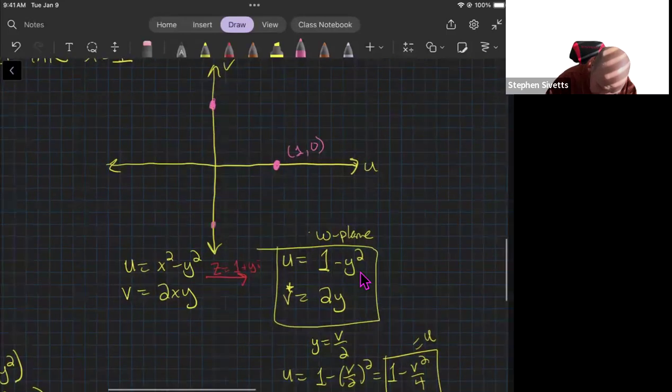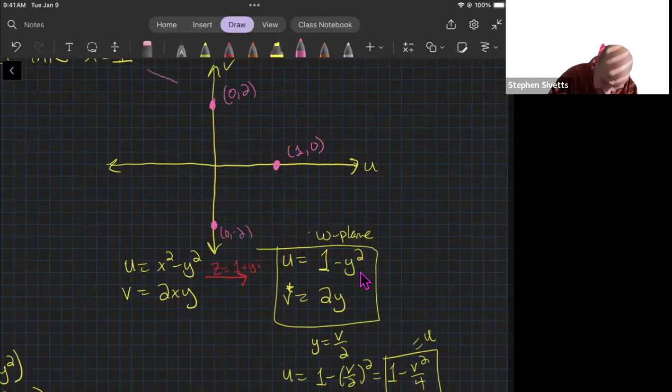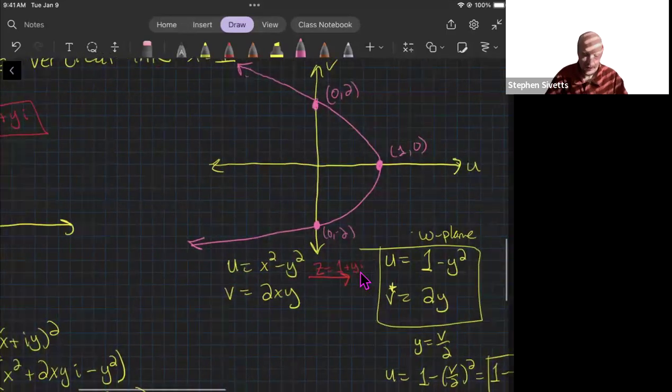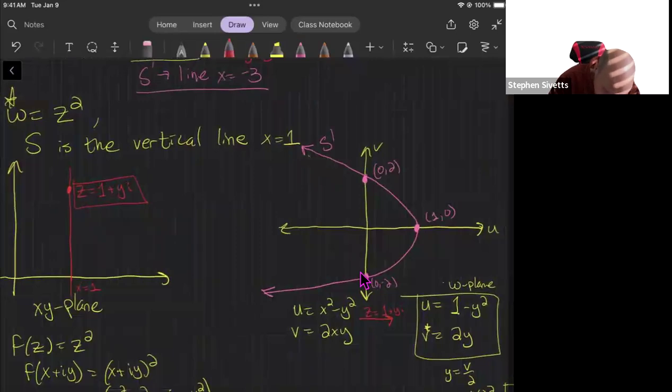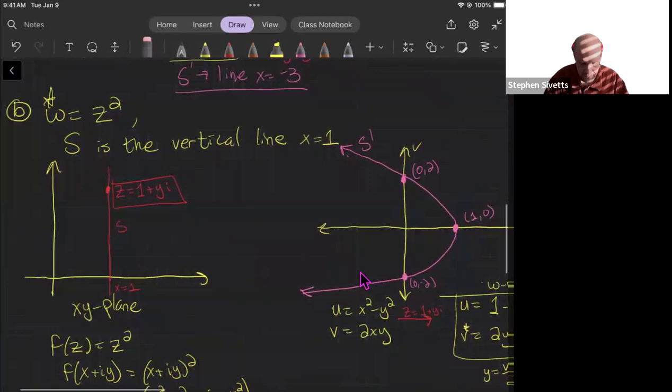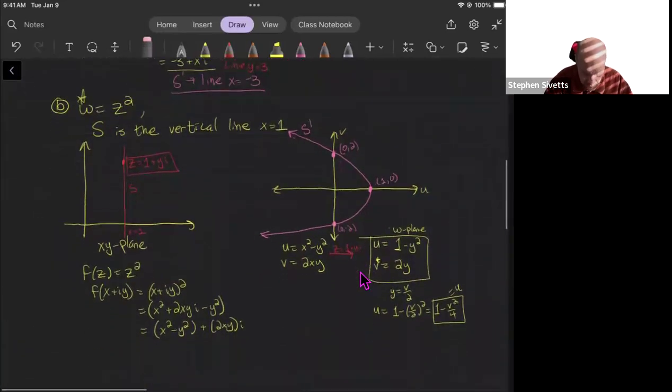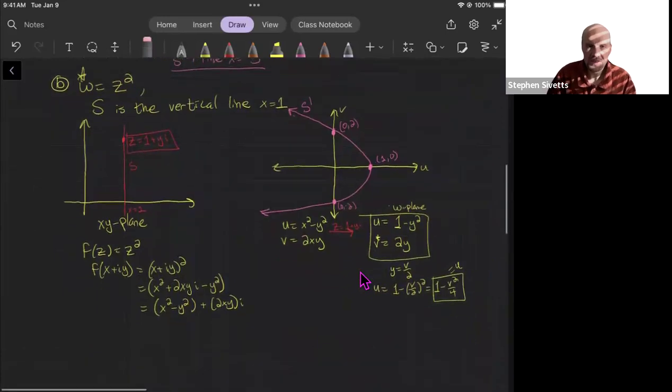And when v is negative 2, u is 0. So this is 0, 2, and then 0, negative 2. And it turns out it's going to be a parabola opening towards the left. Okay. So this is S prime, as opposed to this being the set S, not S prime. So that's just another example of finding the image of a set.